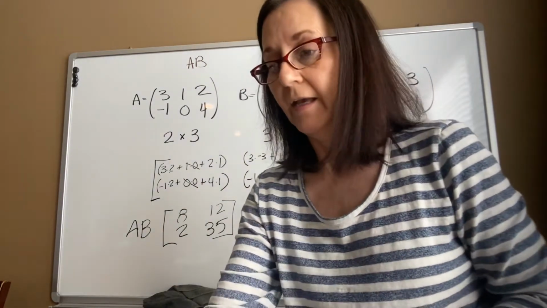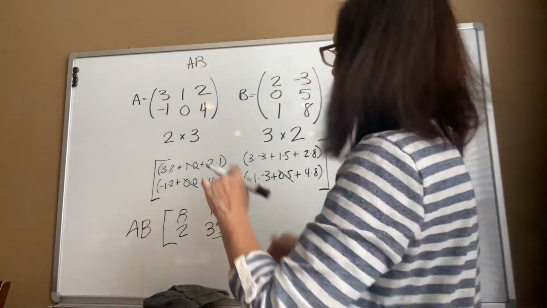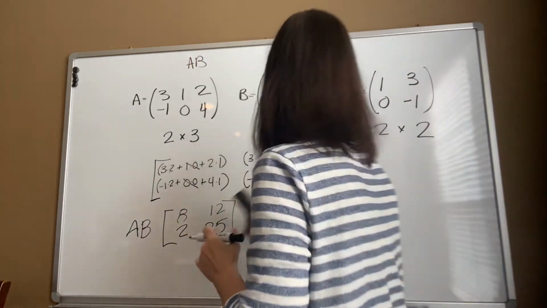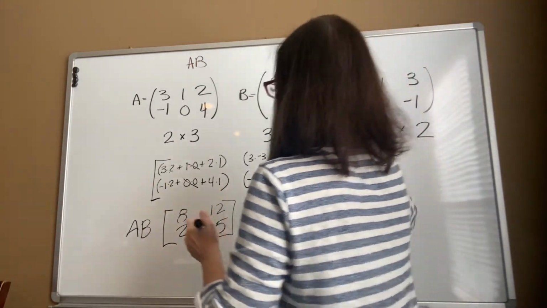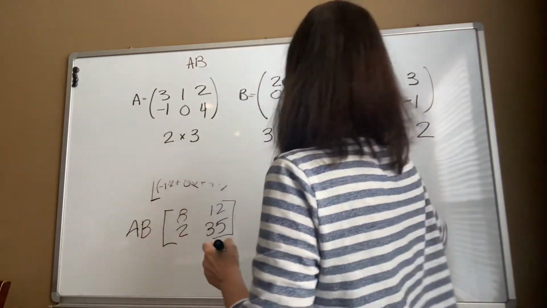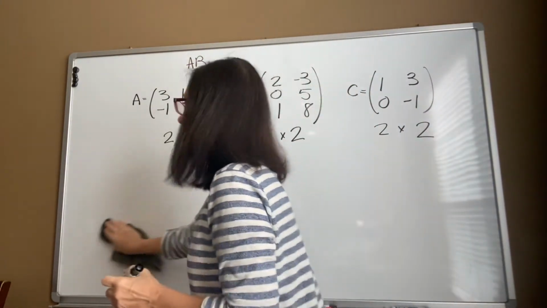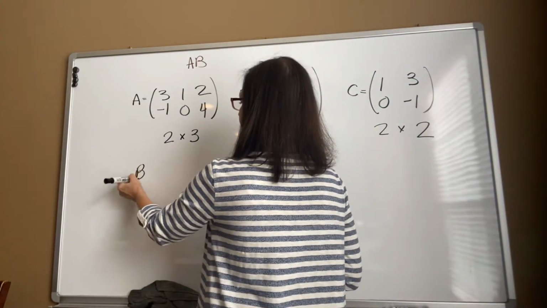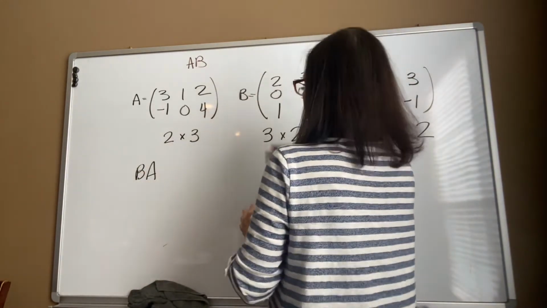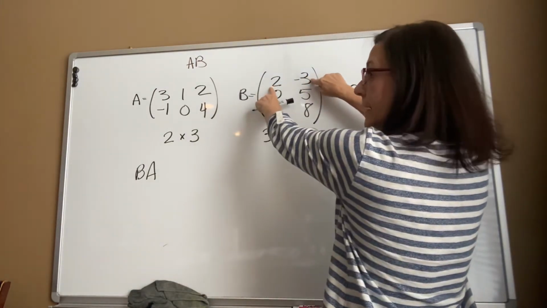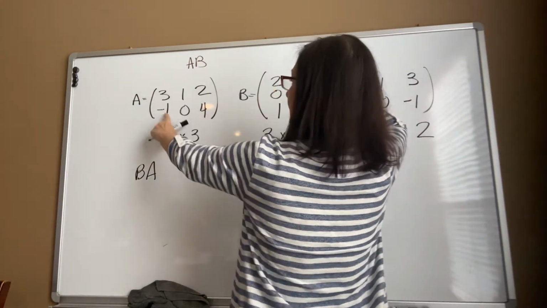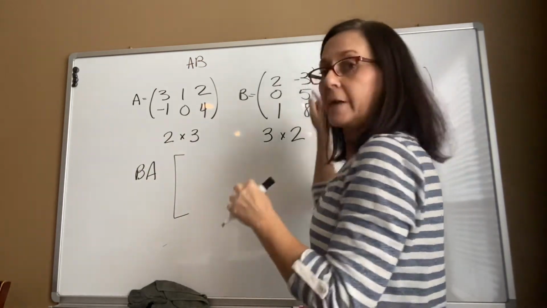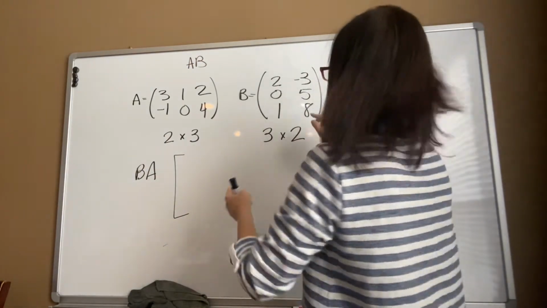All right. Now, let's do B times A to see what that would look like. All right, so this is A times B. Now, when we do B times A, remember, we're going to take row 1 of B, multiply it by column 1 of A. So we're expecting a 3 by 3, all right?